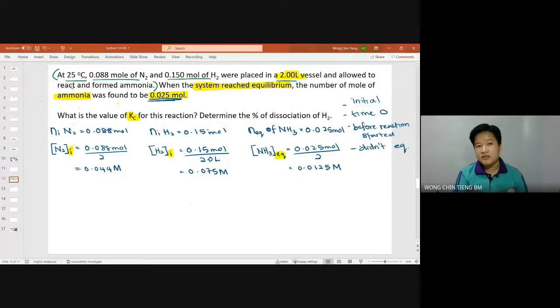So it's the reaction between N2 and H2 were placed and allowed to form ammonia. So I have my N2 gas reacting with my H2 gas, forming reversible equation. All right, it's an equilibrium, forming ammonia gas.